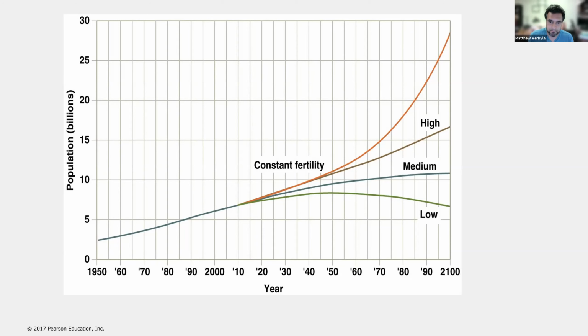So we can represent some of these growth patterns mathematically, and we can use an equation to project future population growth for the purposes of engineering design, right? So we can make assumptions about whether the growth is high, medium, low, whether fertility rates are maintained constant or whether they start to decrease in the future.